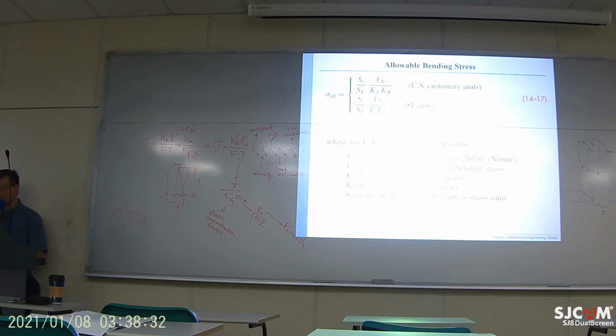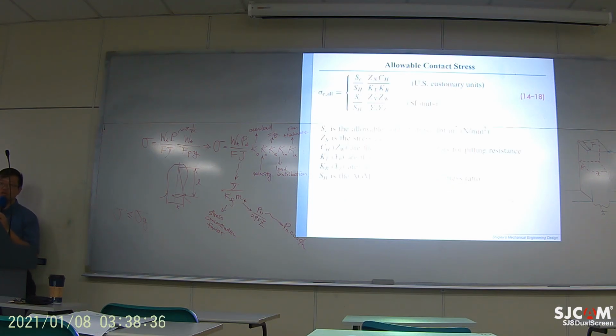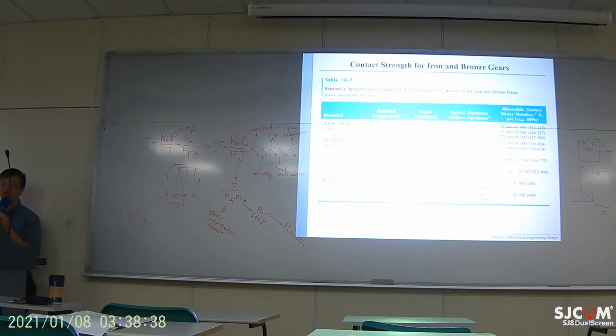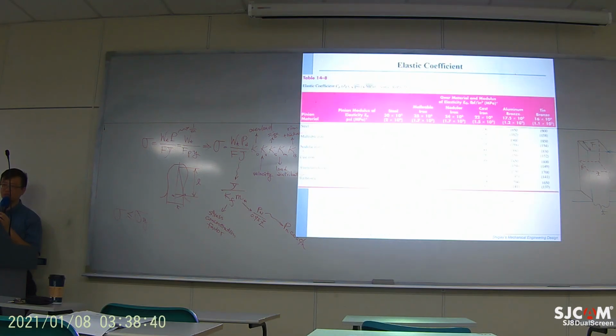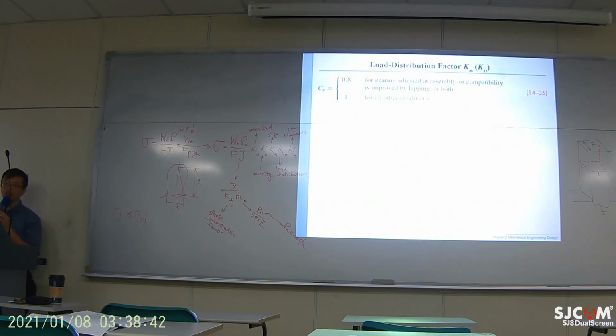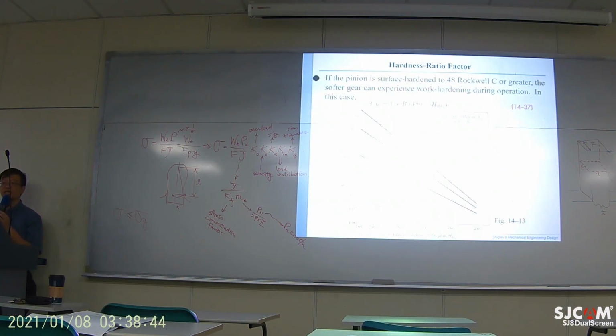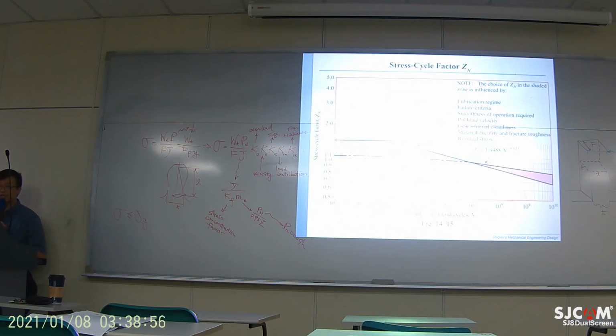So we didn't talk too much about that model. So I'm just going to show you the result. In the future, if you are interested, or if you need to know, there are two kinds of failure modes. One is failure due to bending. The other kind is surface wear.